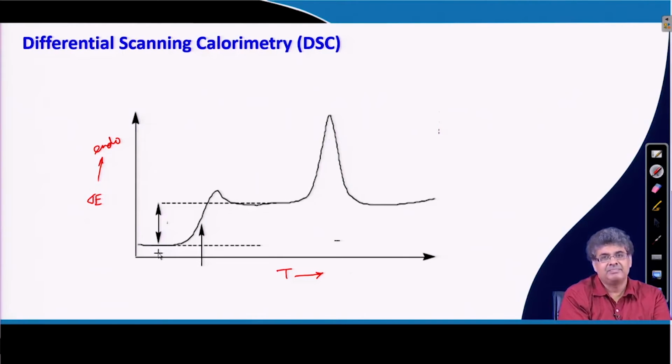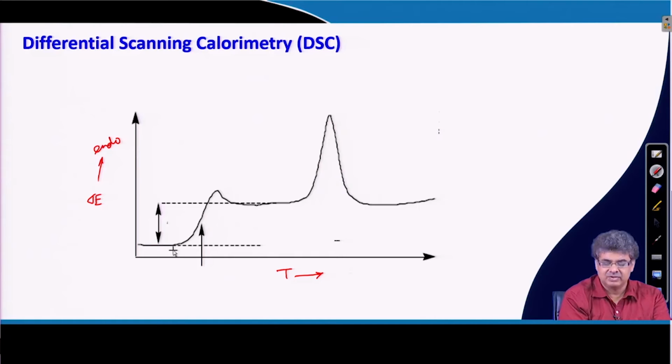So, glasses will have lower Cp than the rubber sample. Rubber samples generally have higher Cp. So, there will be a change in the Cp value. This is glass and this is rubber, and the midpoint of this transition is generally considered the value of Tg.